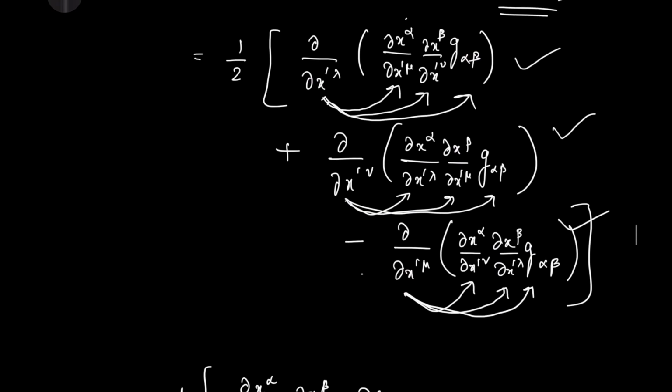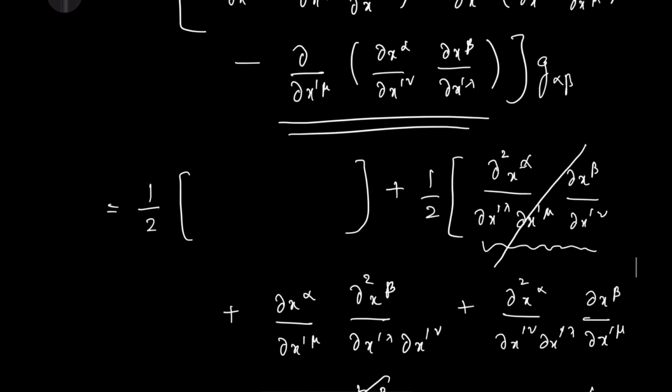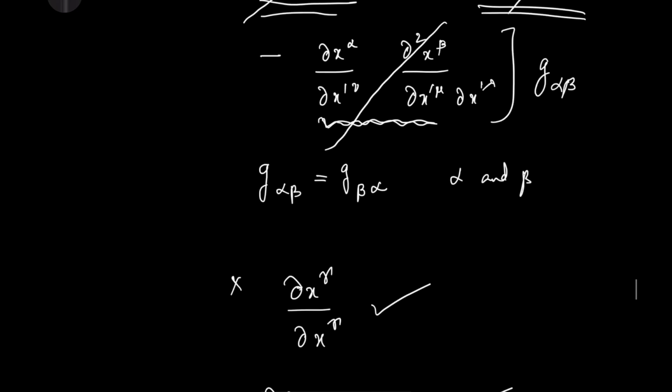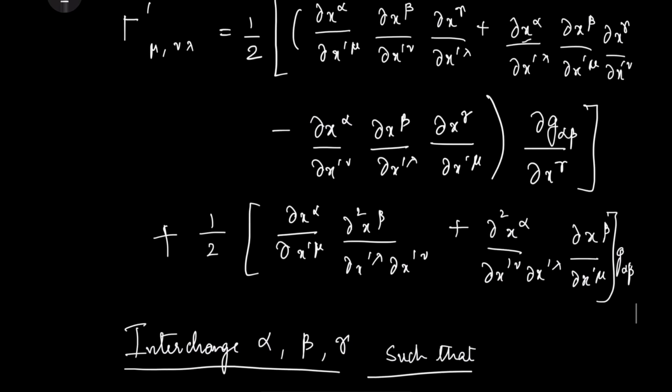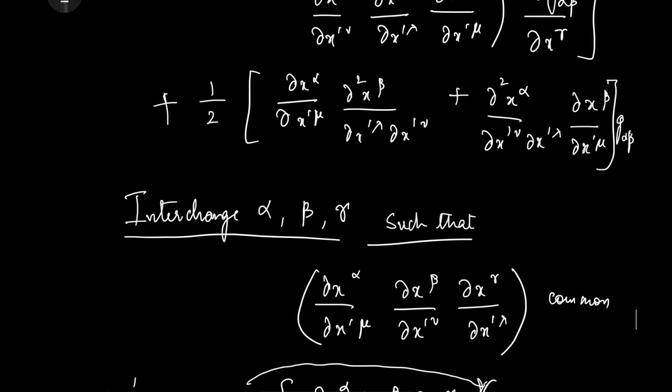Then we have to open up each bracket and then simplify. Once we have simplified, using multiplying and dividing by partial derivative of x gamma, we have to take common outside this term. It's a lengthier expression.